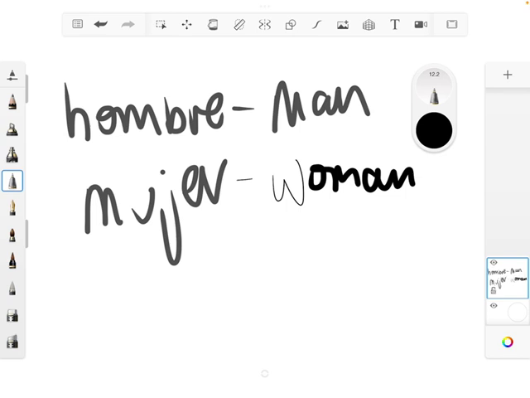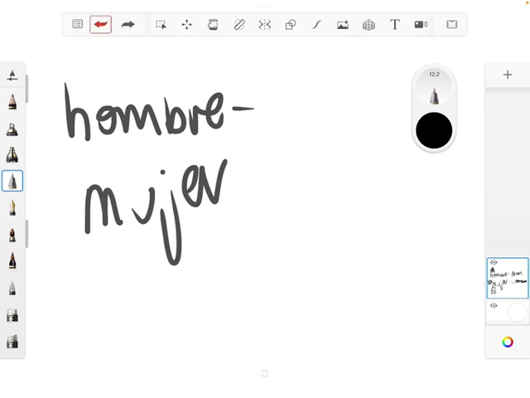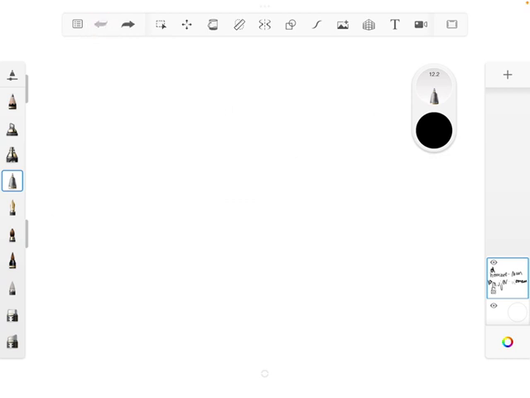And of course, they have their articles with them. So, el hombre, la mujer. We also have some other examples there. We have el chico, la chica, el pasajero, la pasajera, el conductor, la conductora, el profesor, and la profesora.